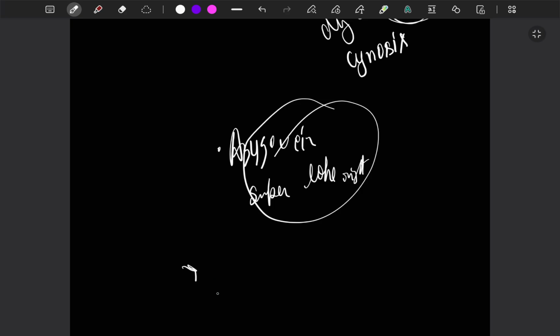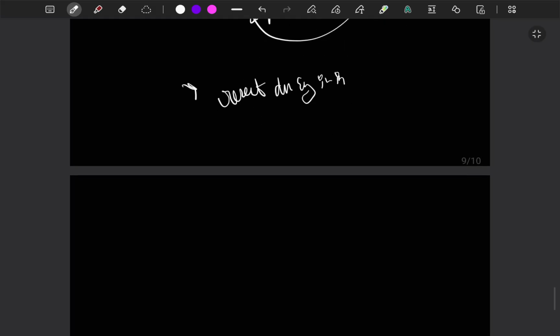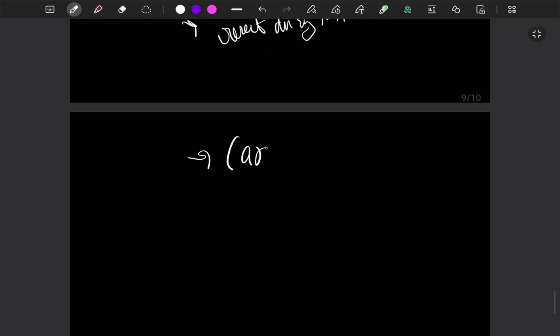Now the use of bronchopulmonary segment is for resection during surgery in infection of one segment. And there is something also called carina.